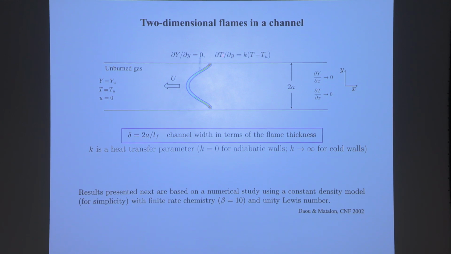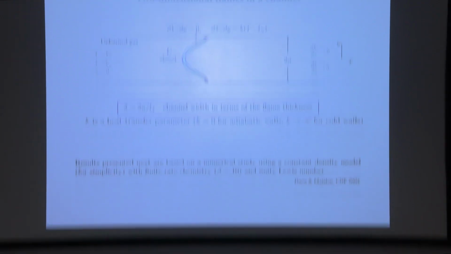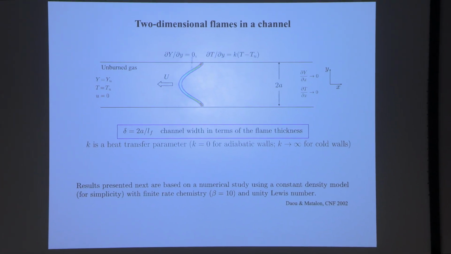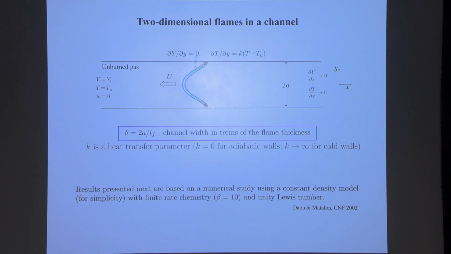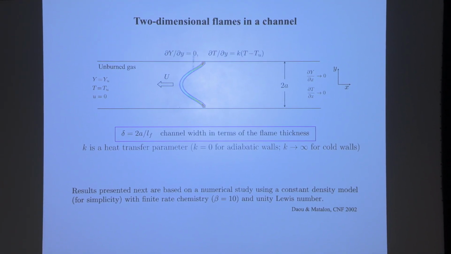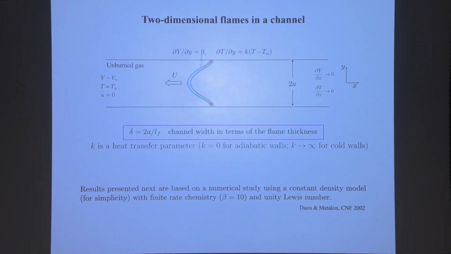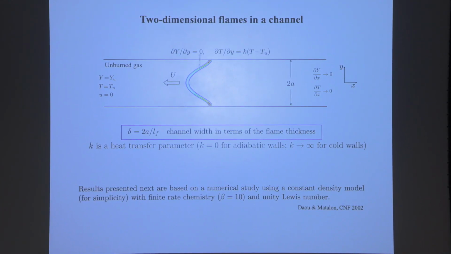Now, the heat loss at the wall is assumed to be conductive, so it's not volumetric heat loss from the walls, and the heat loss is just proportional to the difference between the local temperature and TU, okay? So there's heat conduction out. When K is equal to 0, dT/dy equals 0, which means adiabatic condition, no losses.